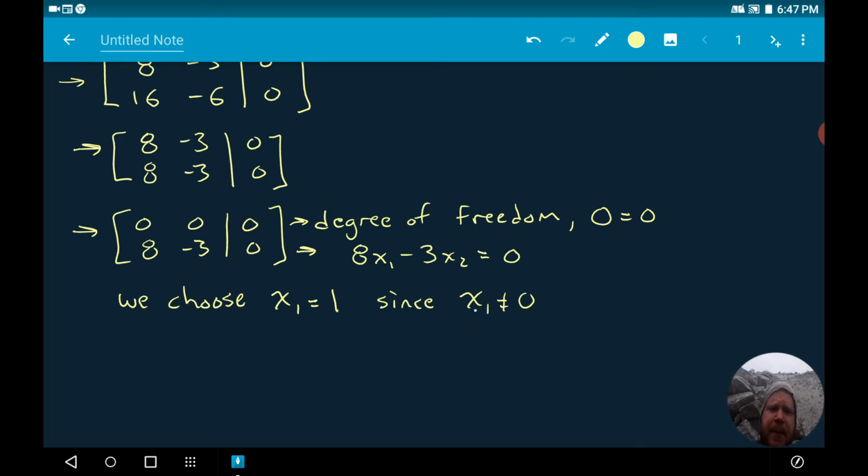So that means that 8 minus 3 x2 is equal to 0.